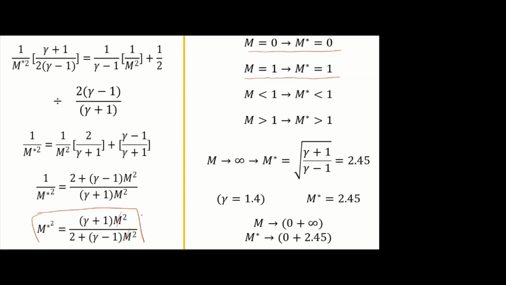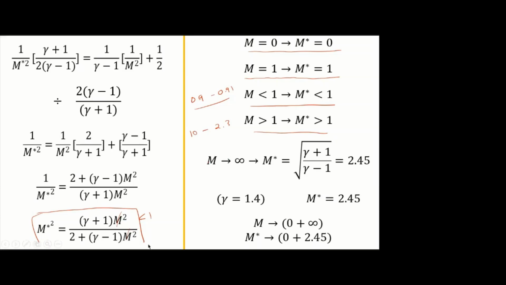If M is less than 1, then M star also will be less than 1, but the difference will be very small. For example, if it is 0.9, it will be 0.91 or something. Only this much variation will be there between M and M star. And if M is greater than 1, M star also will be greater than 1. For example, I told you if it is 10, it will be 2.3 something.